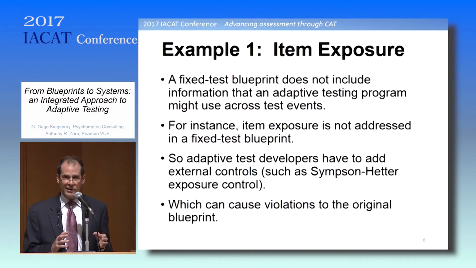Almost all licensure and certification programs invoke an exposure control element in some way, shape, or form. For educational tests, this is not uniformly as true, as Gage might point out. NWEA, which does millions of tests all over the country, doesn't worry about item exposure.